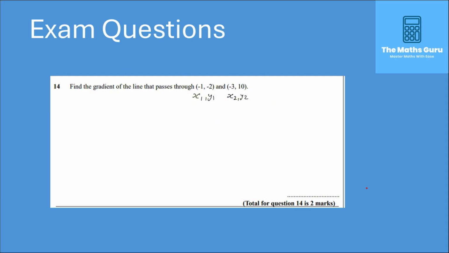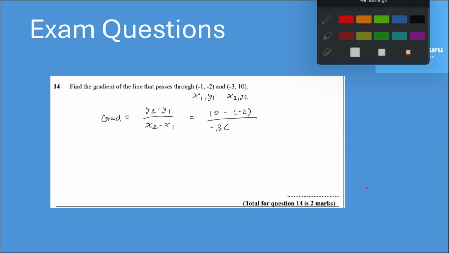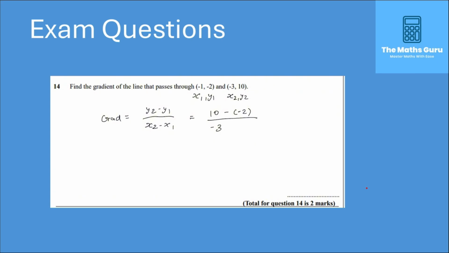And then using our formula for gradient, we say that y2 minus y1 over x2 minus x1 is our gradient. So plugging in our values, we have 10 minus minus 2 over minus 3 minus minus 1.